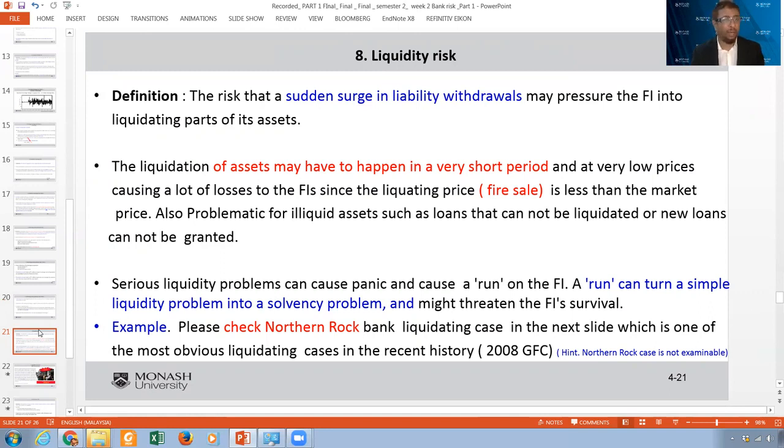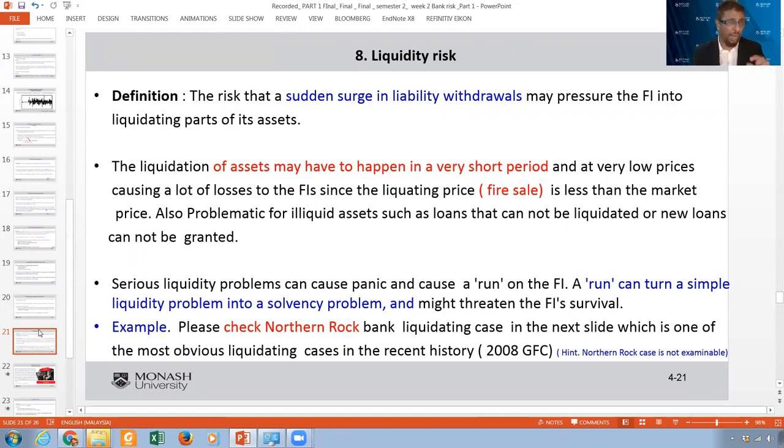Take any bank, for example. I know in Malaysia and some other countries, central banks are very strong and they can watch for that, but it can happen at any time where you expect withdrawals to be 7% on a daily basis, and suddenly in one day you see the withdrawals going to 20%.